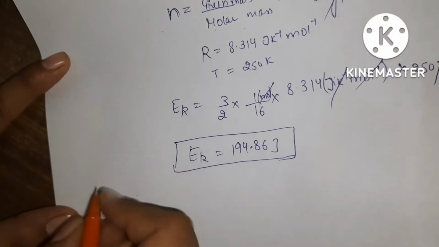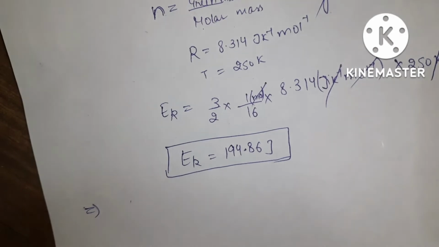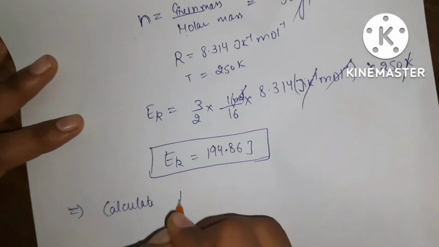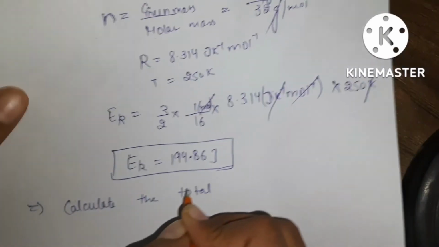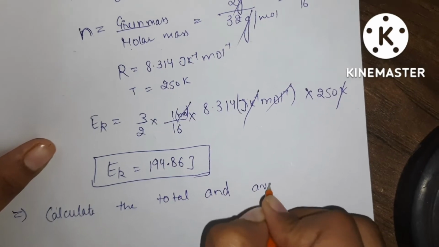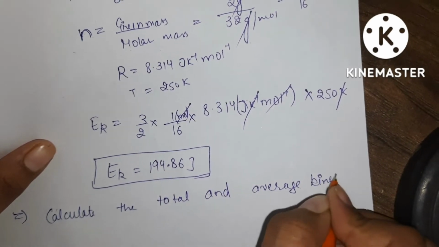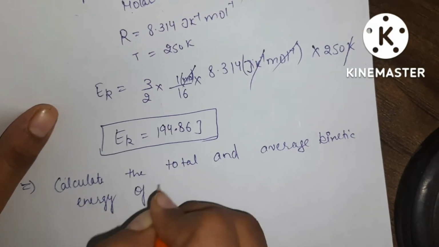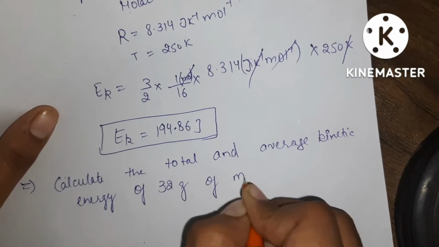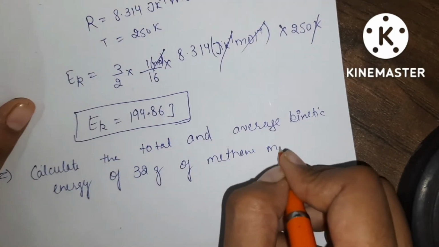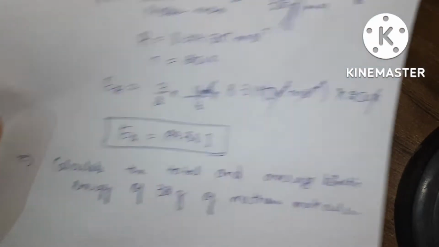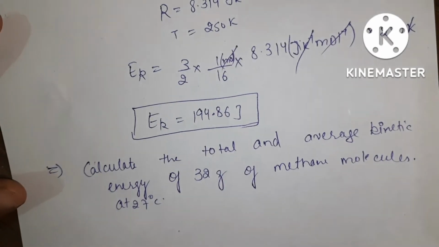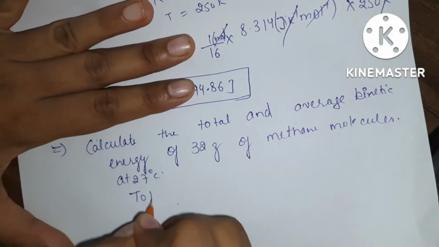Okay, now another question: calculate the total and average kinetic energy of 32 gram of methane molecules at 27 degrees Celsius.